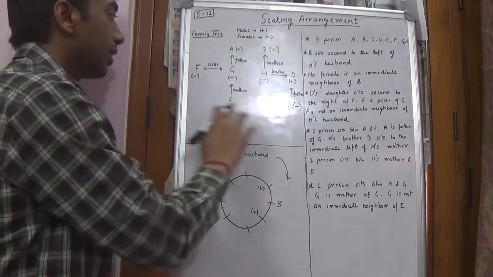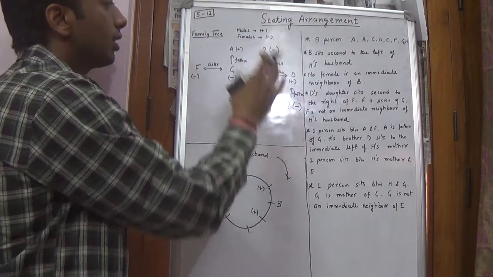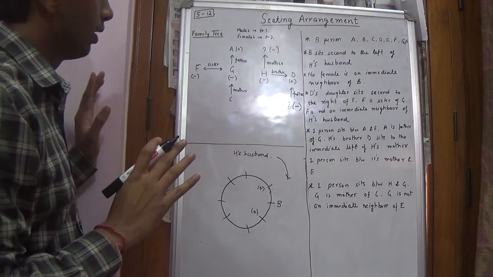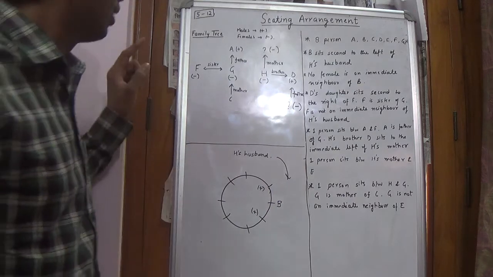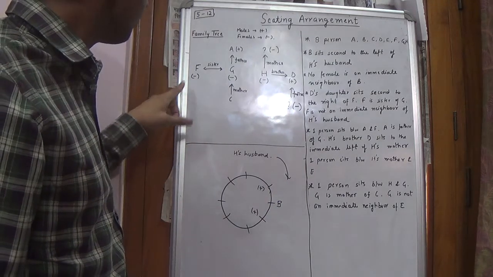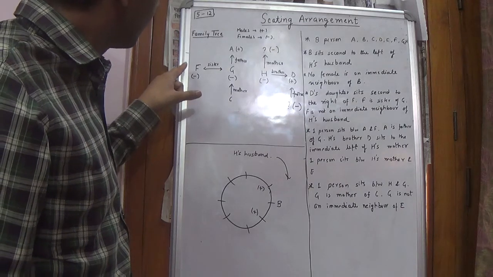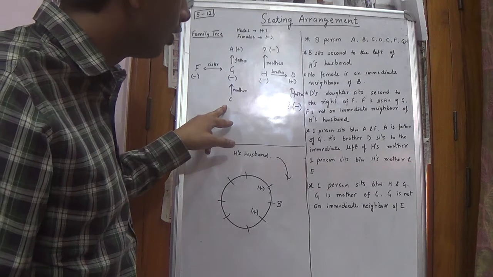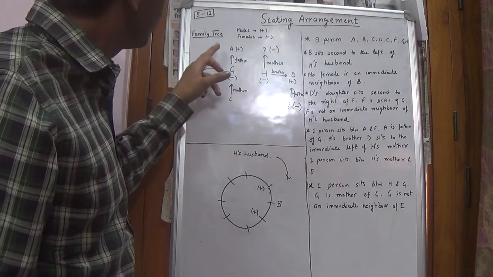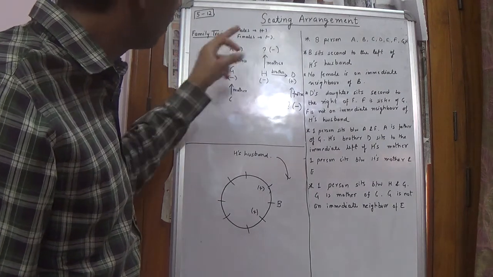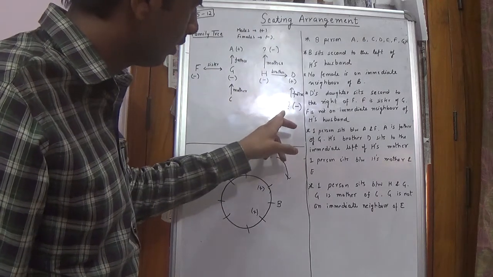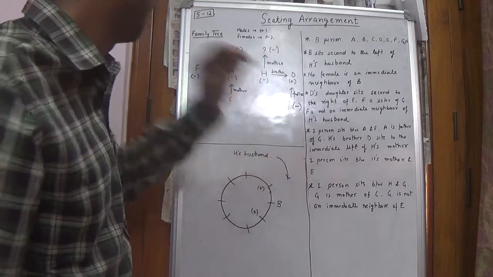So by making this family tree, still we don't know the relationship. We have a family tree like this and a family tree like this, but between these two, how they are connected, we still don't know. So we can find out F is a lady, G is a lady, C we are not sure. A is a male, female, female, male, and then this is also a female.